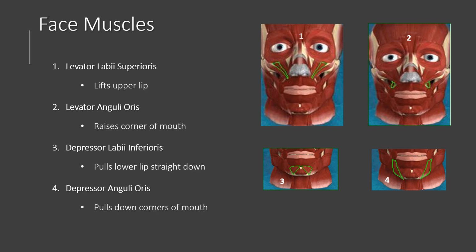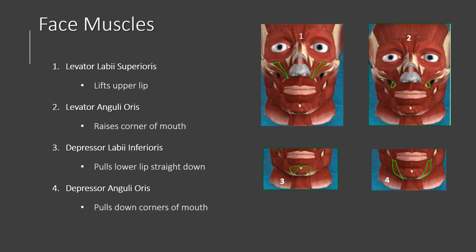So levator labii superioris, divided into individual words. Levator is another name for lift. Labii means lips, and if you're going to lift the lips superiorly, that means you're going to lift them upwards.